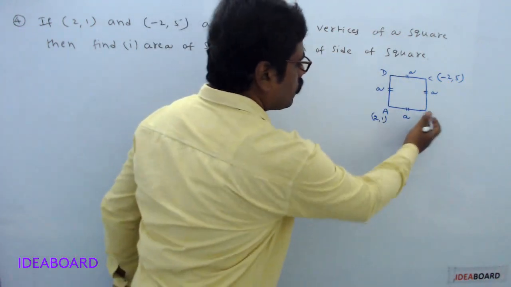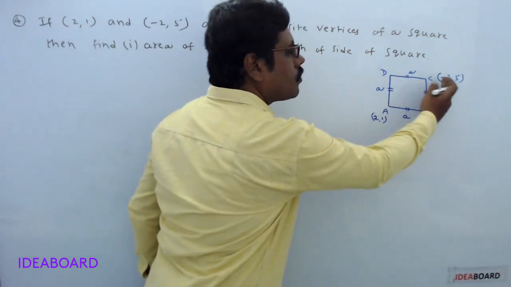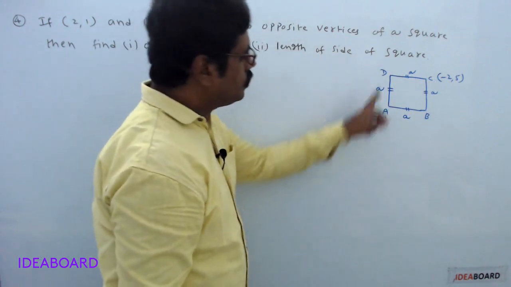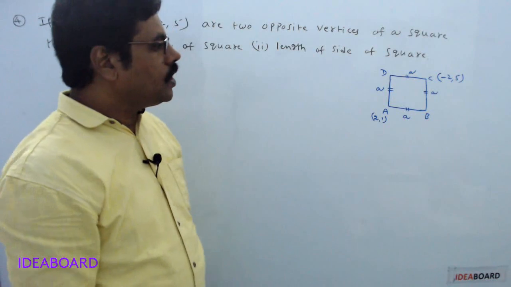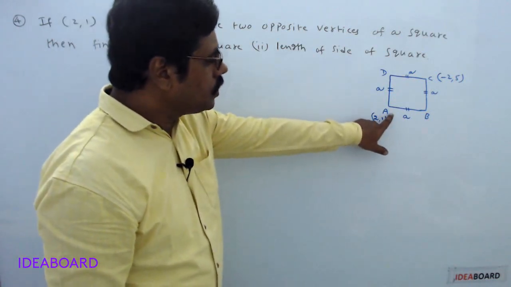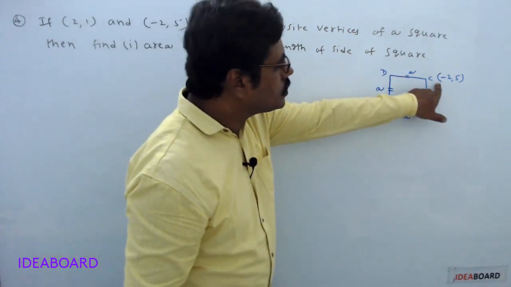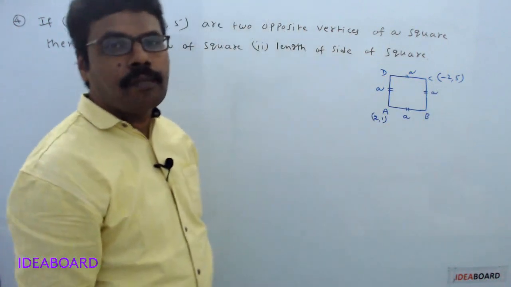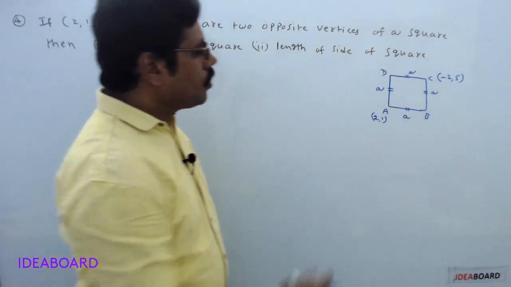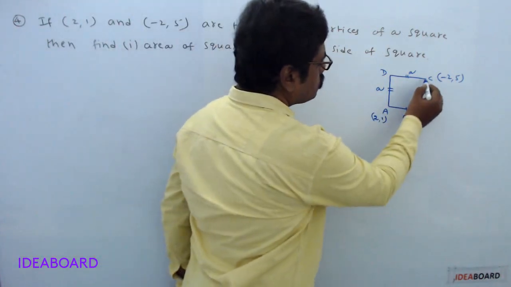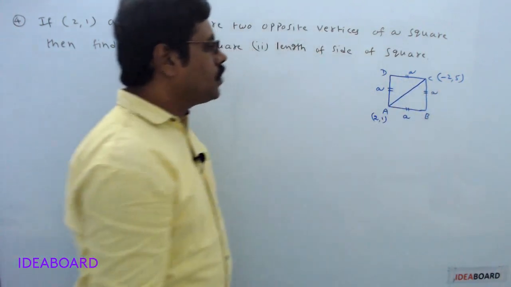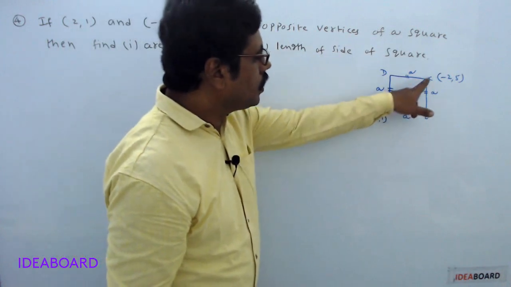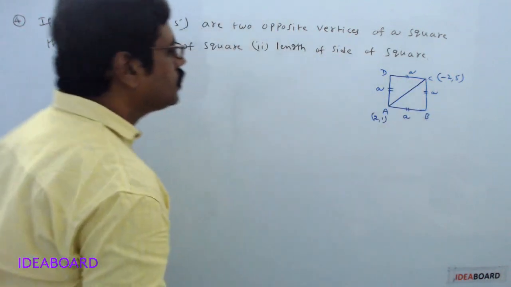You can take B equals (2, 1) and D equals (-2, 5). These are also opposite vertices of a square. So here I will take A equal to (2, 1), C equal to (-2, 5). Now connect the points A and C.